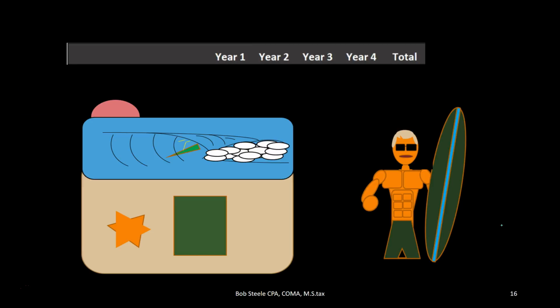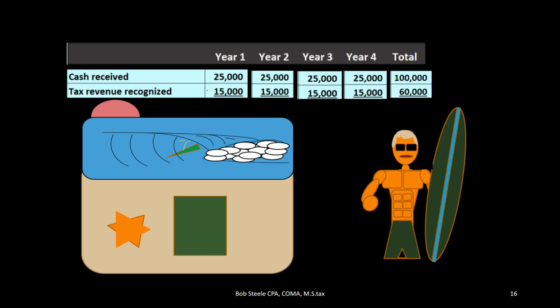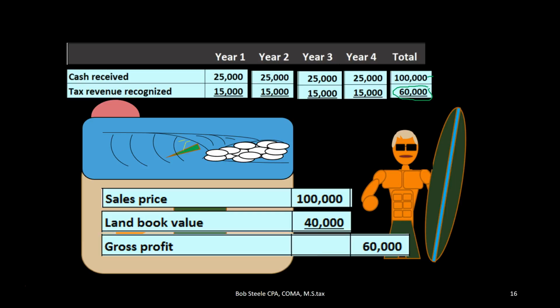So if we were to just sum this up one more time on the table, we have the tax in year 1, we've got the cash received 25,000, revenue recognized 15,000, year 2 25,000 and 15, year 3, year 4, and if we sum that up, that's how we're getting the cash of 100,000, and we're recognizing this 60,000 over this time period, as opposed to the book process where we just have the sales price less the book value.